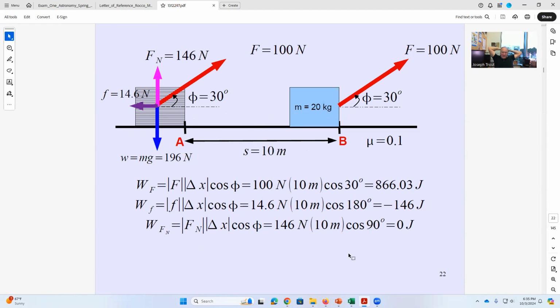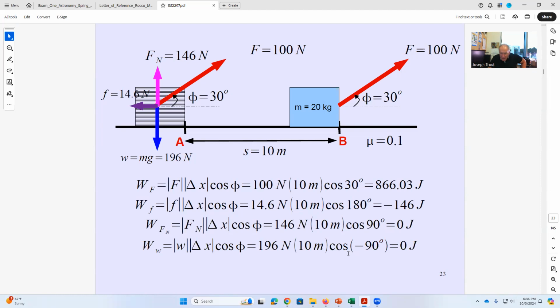This shouldn't be really surprising because the normal force is not going to help you get the box from point A to point B. What about the weight? The work done by the weight will also be zero. In this case, it's 196 newtons times 10 meters times the cosine of negative 90 degrees, which is 0.